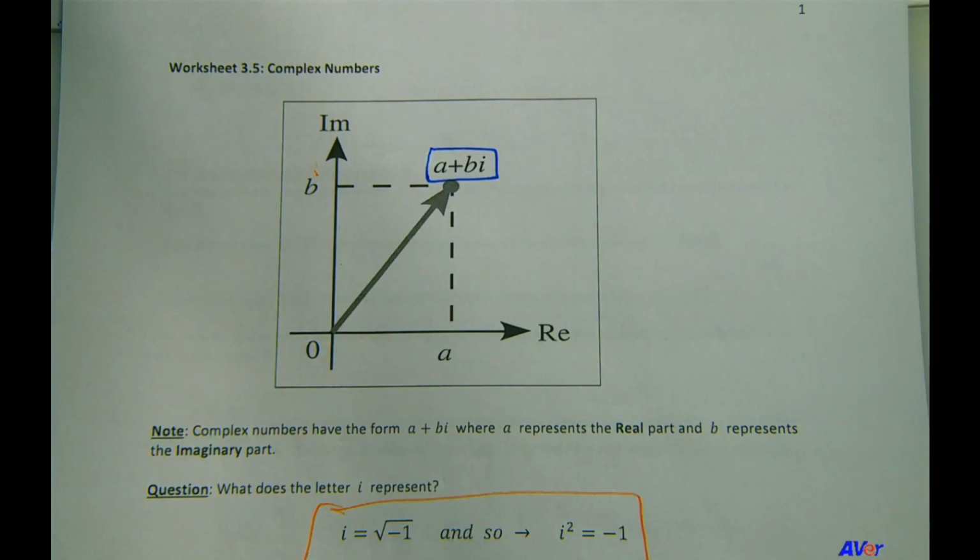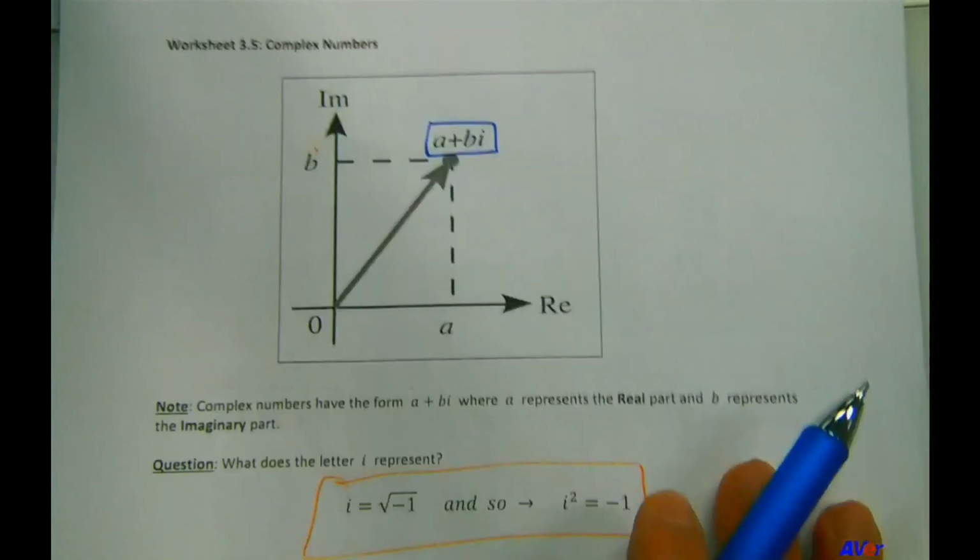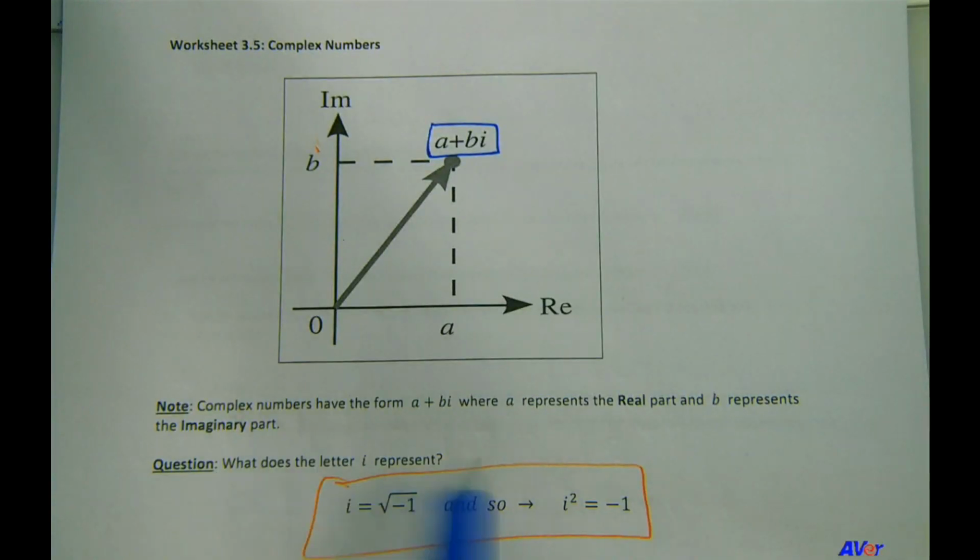Let me make this clear, because I have it as a note and I talk about it in class, but for some reason, when I ask questions like this on an exam, a lot of people still make an error.